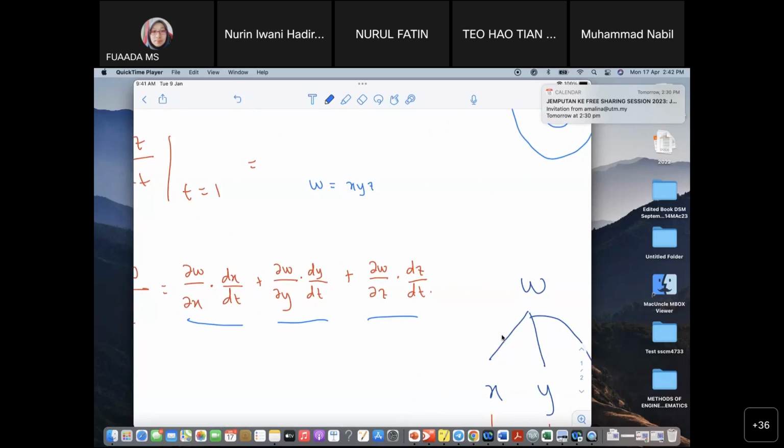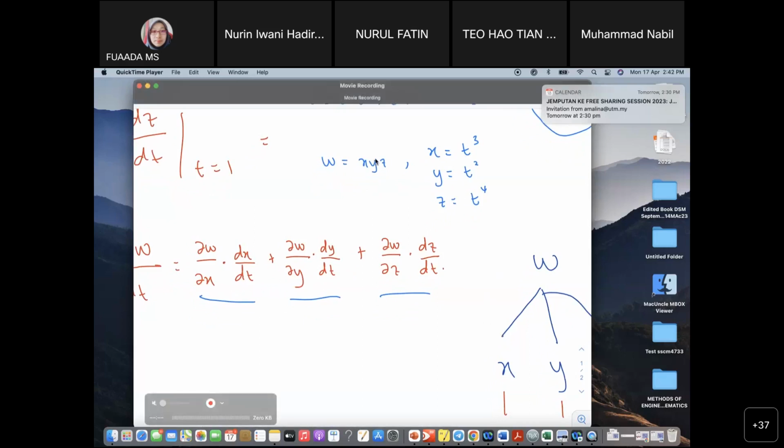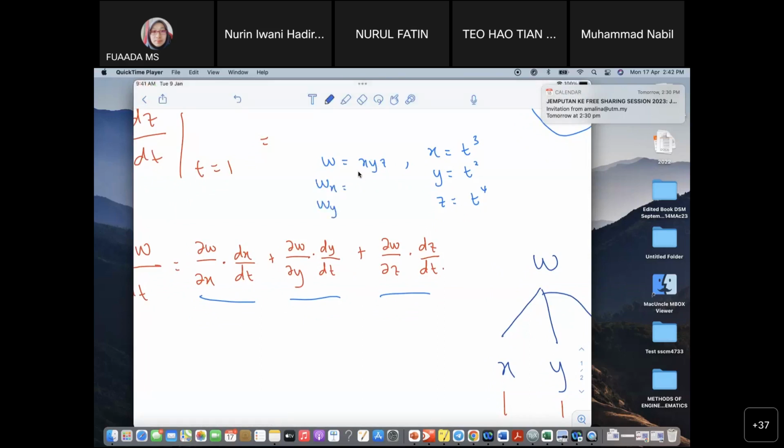And each of X, Y, and Z have their own function in terms of T. So X is T cube, Y is T square, and Z is T4. Okay. So you need to find the partial derivative of each variable, which is you have to find the Wx, Wy, and then Wz.